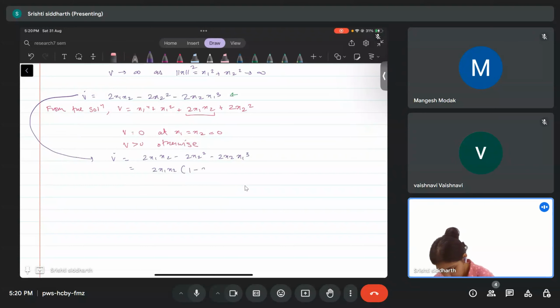So this becomes 1 minus x1 square. I'm just trying to show if this v dot can be written as something like this, maybe with some constants.